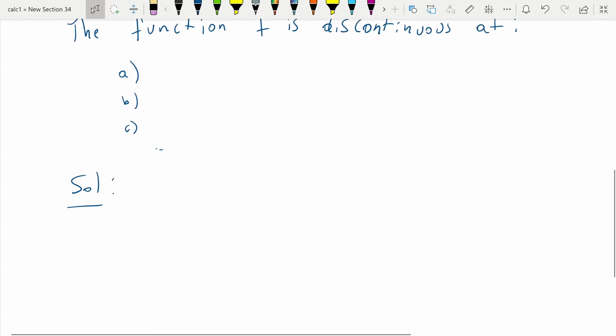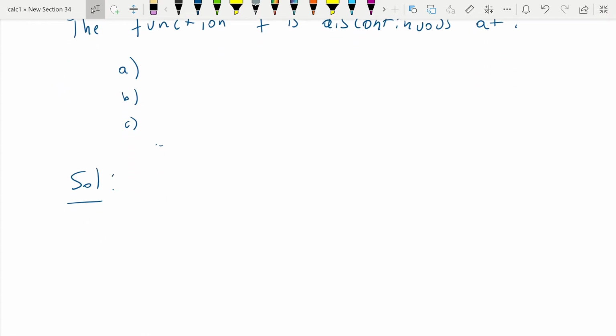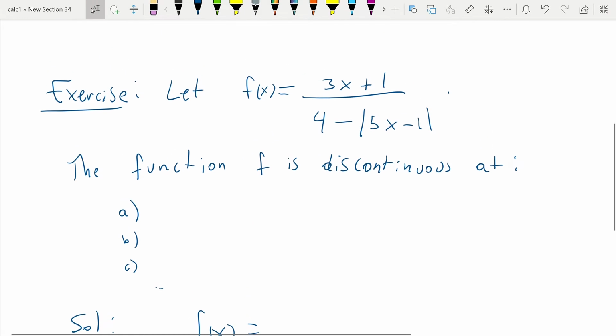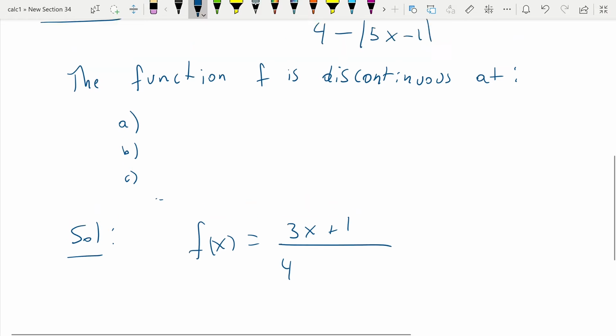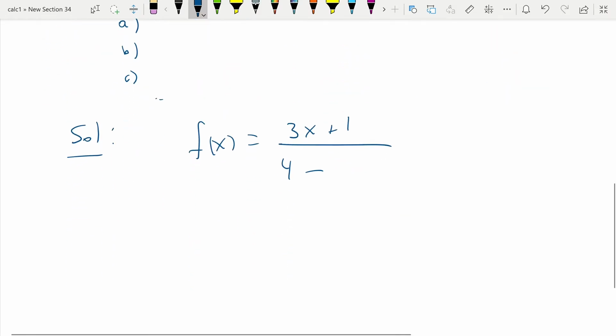And what we want you to keep in mind is that when you have a function like this, f of x, the numerator is a polynomial of degree 1, so it's a very nice function. And here we have 4 minus the absolute value of 5x minus 1.